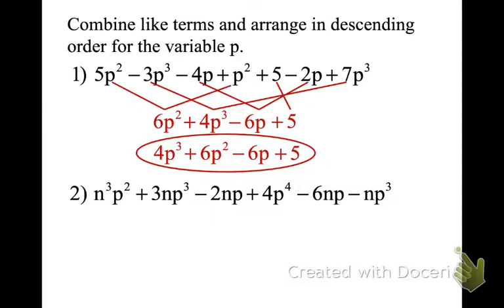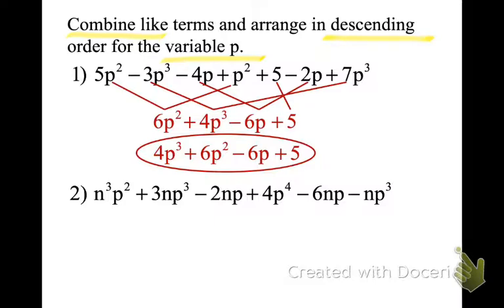All right. Now notice on the next one, the directions say combine the like terms in descending order in order for the p. So before I do that, I'm going to make sure I'm showing every exponent, because remember, this term has to look exactly the same: the same variable, the same exponent.